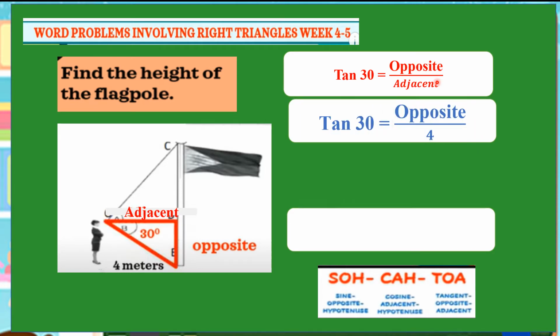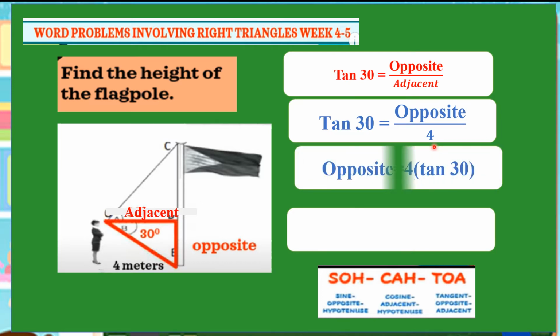Next, substitute natin yung ating values, which is the adjacent side is equal to 4. So we have tangent 30 is equal to opposite side over 4. Then solve. We have opposite side is equal to 4 times tangent 30.